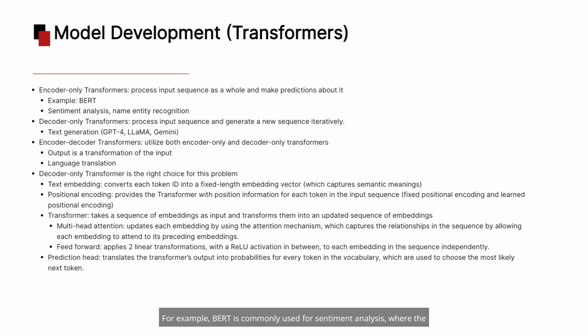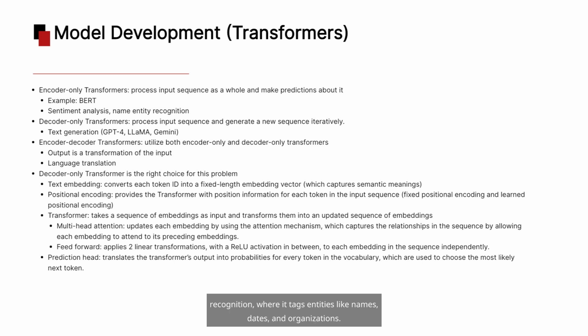For example, BERT is commonly used for sentiment analysis, where the model predicts whether text is positive or negative, or named entity recognition, where it tags entities like names, dates, and organizations. However, encoder-only models don't naturally generate new text, so they aren't ideal for Smart Compose.